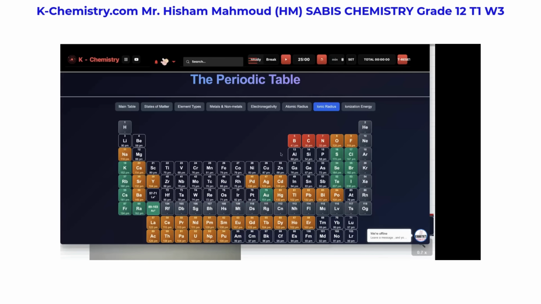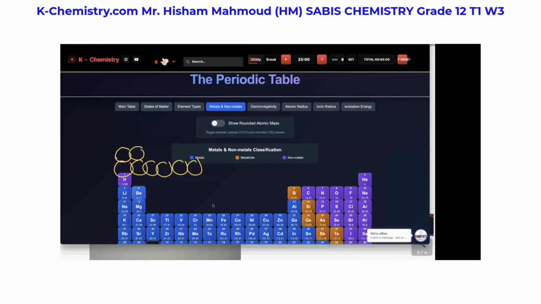When you go to the right here, the ionic radius is a little bit crazy. It's a different trend, because I see here in the metals, it keeps decreasing. So sodium decreases, here decrease in the metals, as long as you are still on the metal side. This is the metals and non-metals.